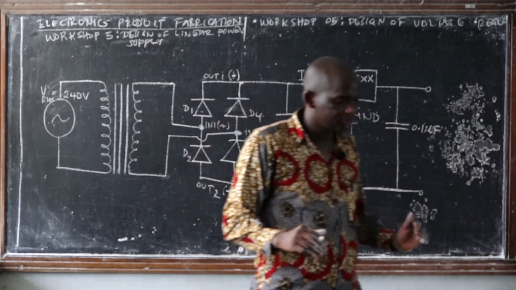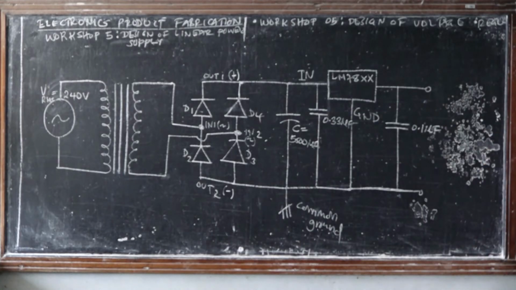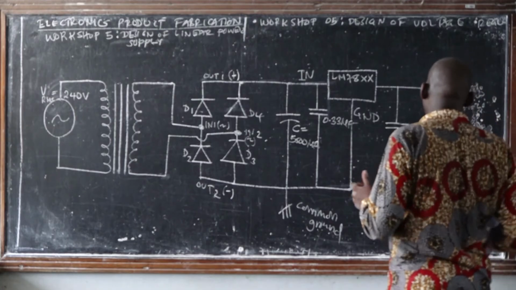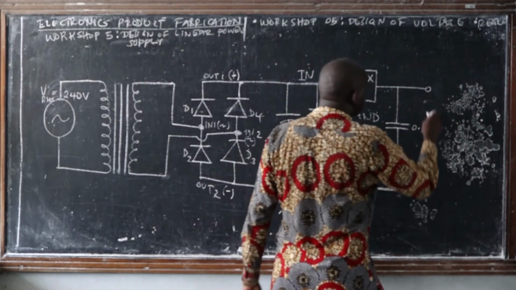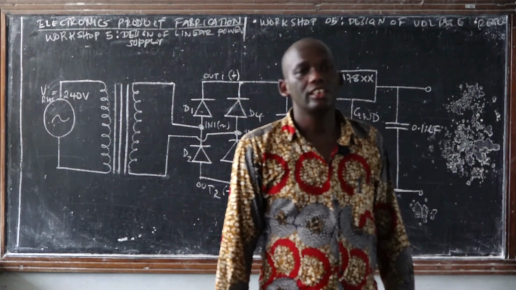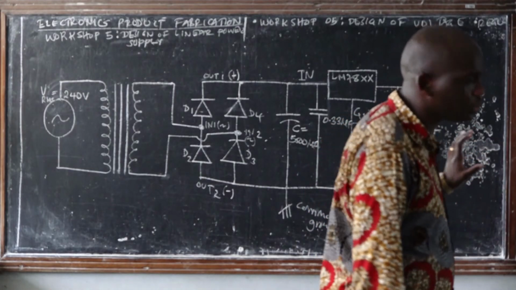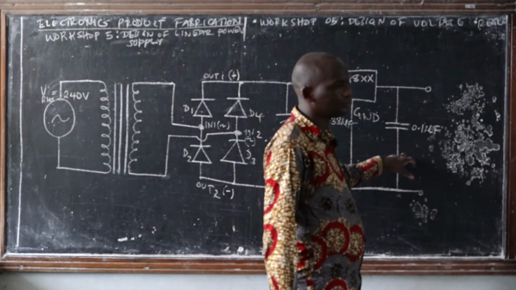So, in order to have assurance that our linear power supply is working, before we use it to power different parts, we always have a power indicator, whereby we connect a light emitting diode that will indicate that we have the output voltage at the output terminal.